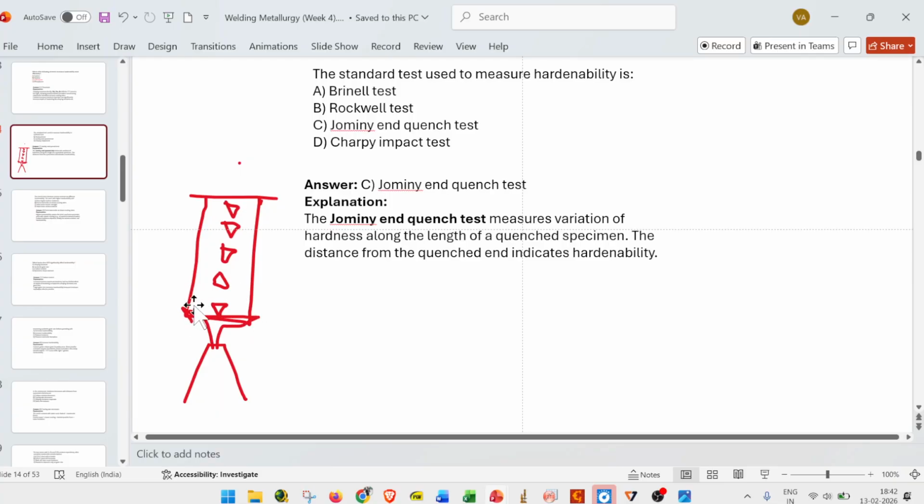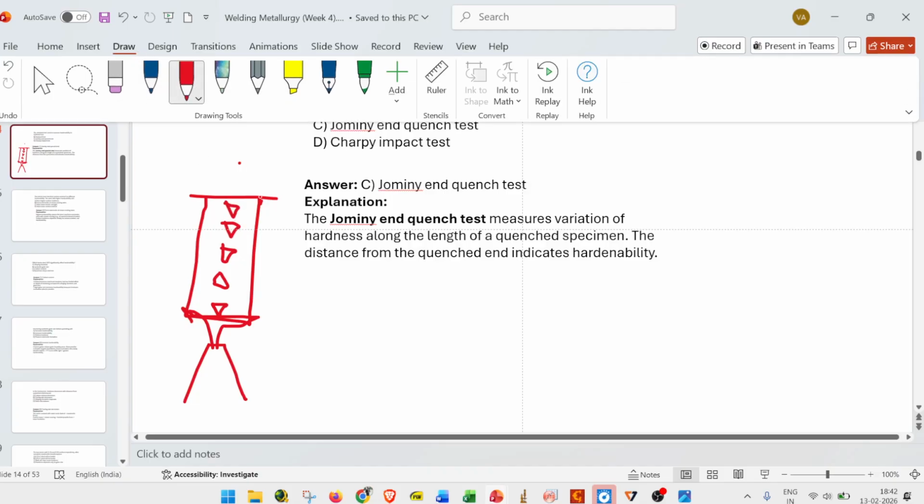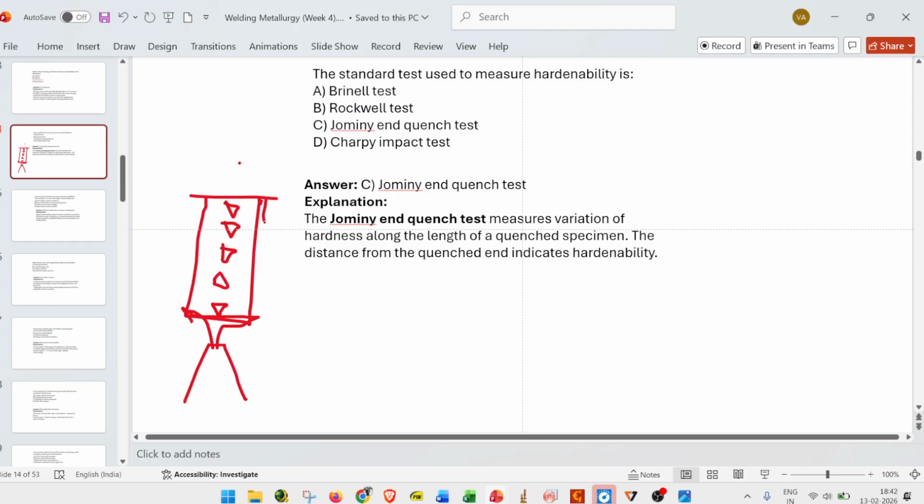So here the cooling rate is much higher, and here the cooling rate will be much lower. So the cooling rate graph will look like this way. Here the cooling rate will be much higher, and here it will be much lower.